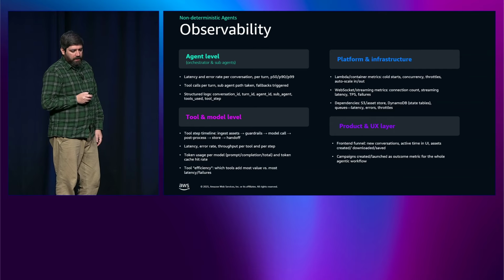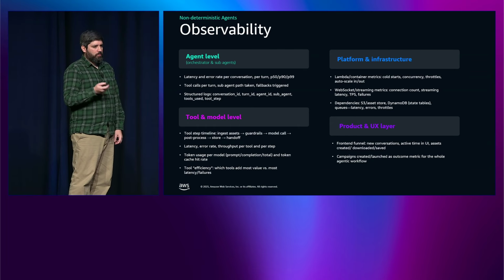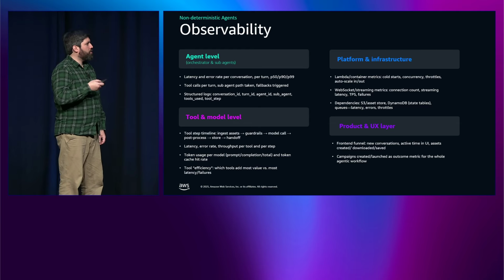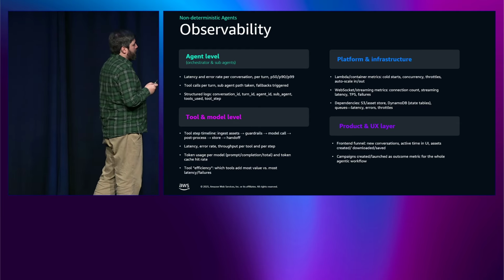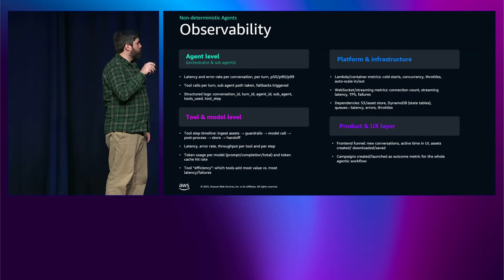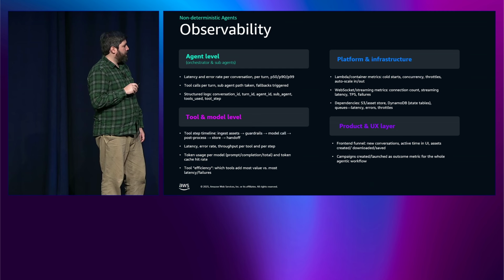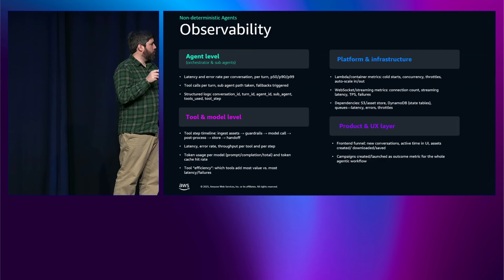We also have platform and infrastructure logs. These are the classic logs that you are probably used to when you use systems like Amazon, Lambda logs, WebSocket logs, and dependencies. We also have tool and model level logs so that we can improve every single tool execution or model inference, depending on the path that's taken across our workflows.